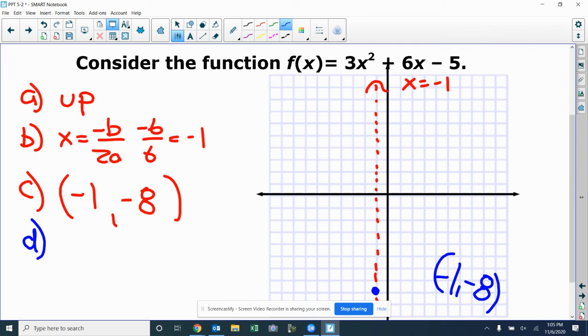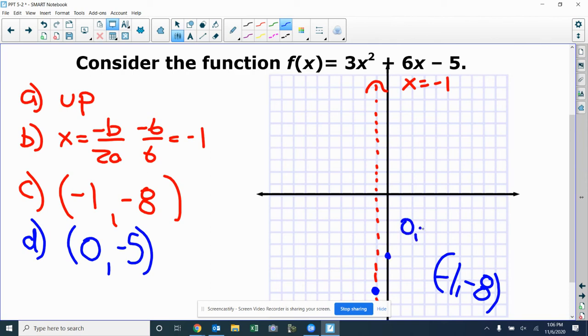D, what are we finding? Always 0, always c, what is it? -5. It's my new point. Now, be careful here. This is on the y-axis, this is the y-intercept. So many times students try to make a spot on the dotted line, which is our axis of symmetry, but it's not. 1, 2, 3, 4, 5.